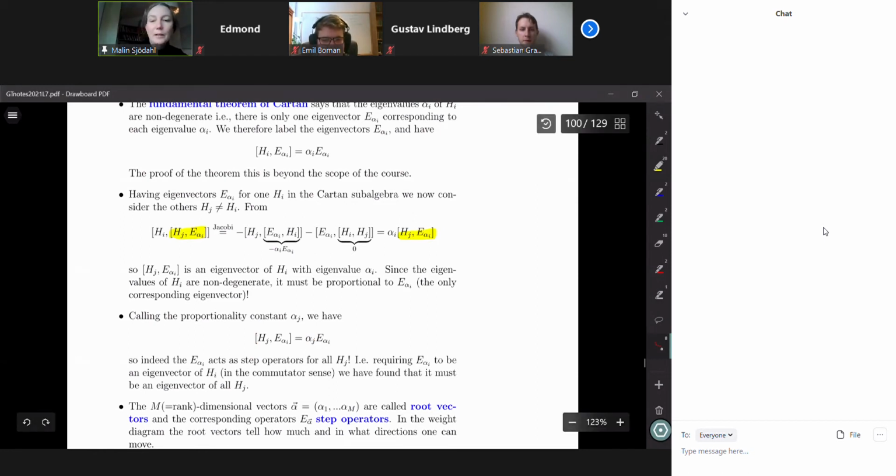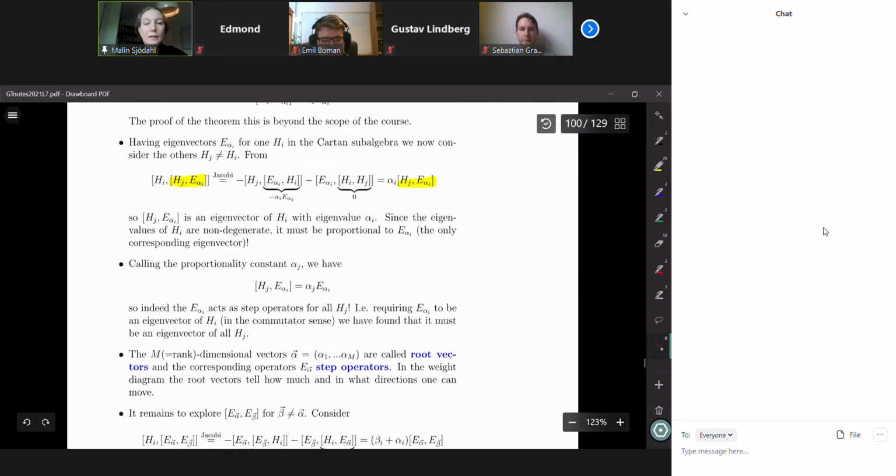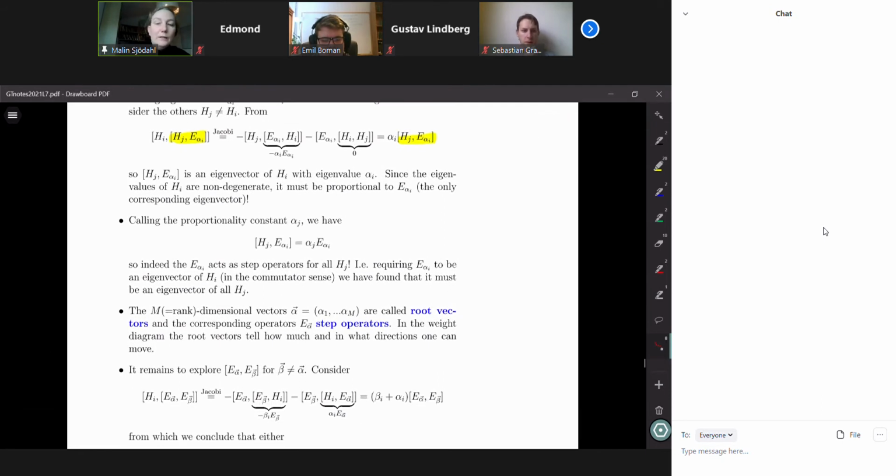And now I can label my E alphas with E subscript vector. So I'm going to combine both the i and the j into a vector, and I have some E subscript alpha vector.